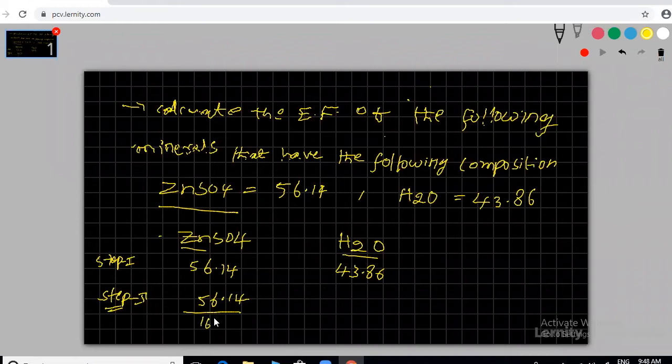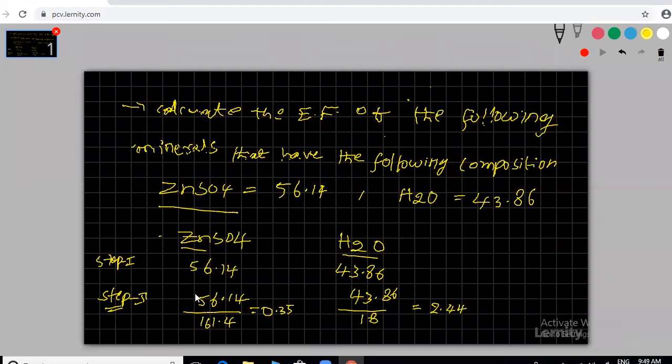And 43.86 by 18. After solving, you can try to solve it. We get 0.35 here, and 2.44.